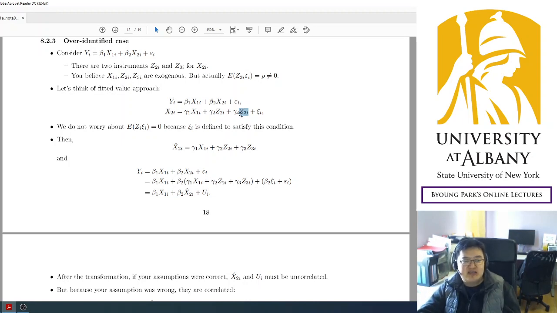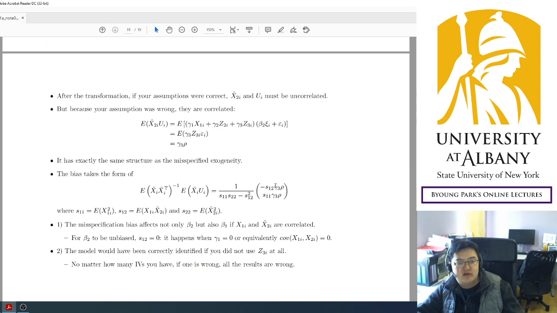That means z3 violates the relevance condition, which actually helps. If the exogeneity condition is violated, you want the relevance condition to be violated. So it is not relevant. So the path through which the bias is transmitted is blocked, because one channel is blocked.